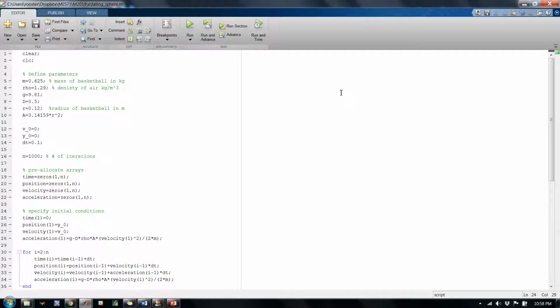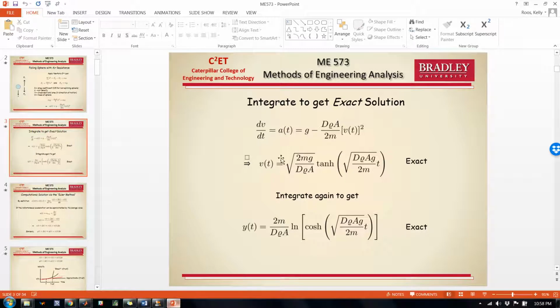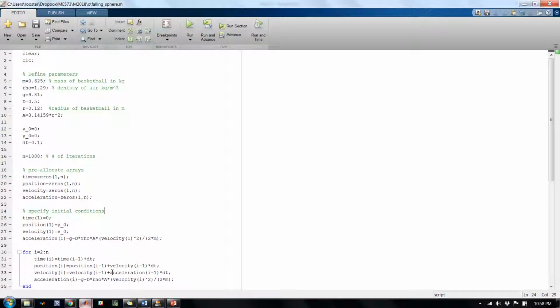All right, well, as I said, we're going to add, let's go to the PowerPoint. We're going to add this exact result from integral calculus and compare it to our computational solution. So that's the next goal. If we go back to our script here, I'm just going to intersperse this into what we already have.